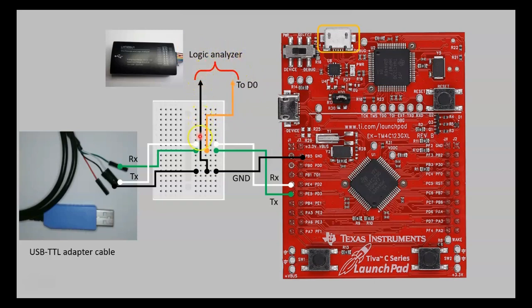And then, not forgetting the ground of the logic analyzer, that has to be connected to the ground of the TM4C series board and also the USB TTL adapter cable. And finally, not forgetting the USB to micro USB connecting here. This one has to be connected via the cable to your laptop or desktop.